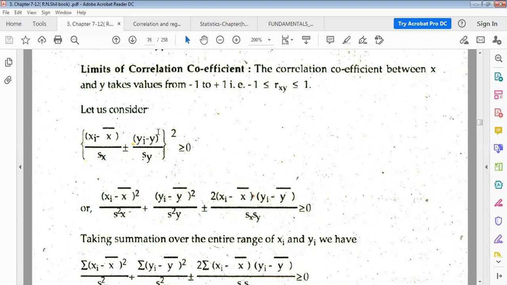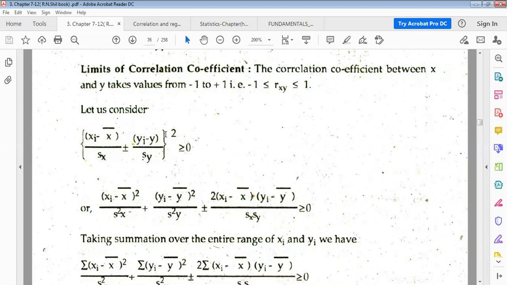If you take the square of this, it must be positive, and maybe 0, so it will be non-negative, because the square of any number can never be negative.